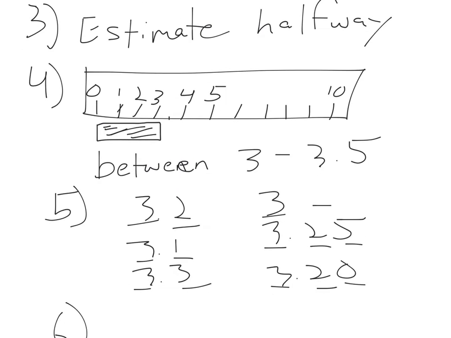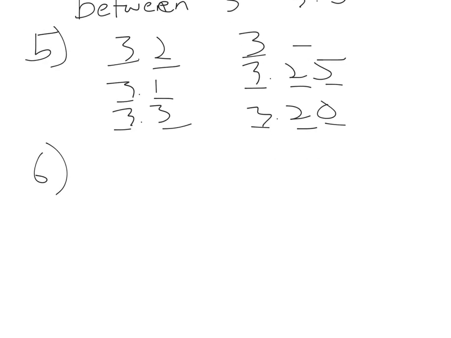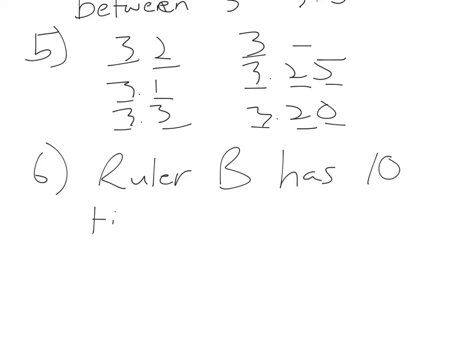So what feature made it possible for the students to agree on a value in that digit? This ruler in Model 2, ruler B, had 10 times as many markings on it. It was divided up 10 more times than the ruler in Model 1. So I could say ruler B has 10 times more, we're going to call them graduations.